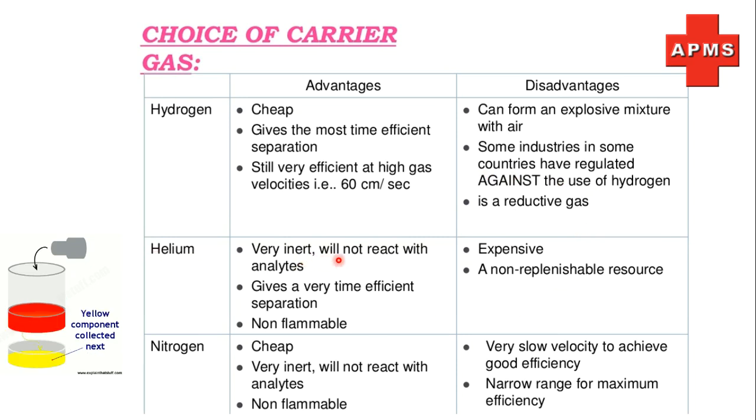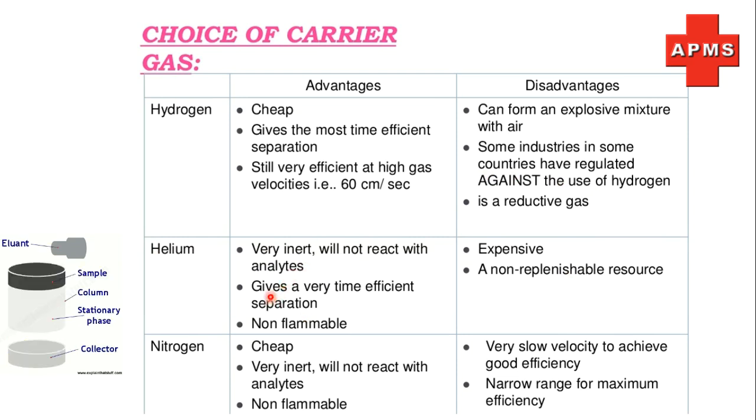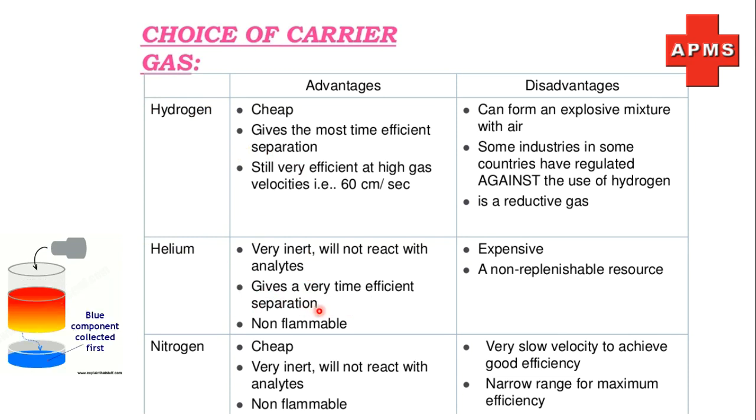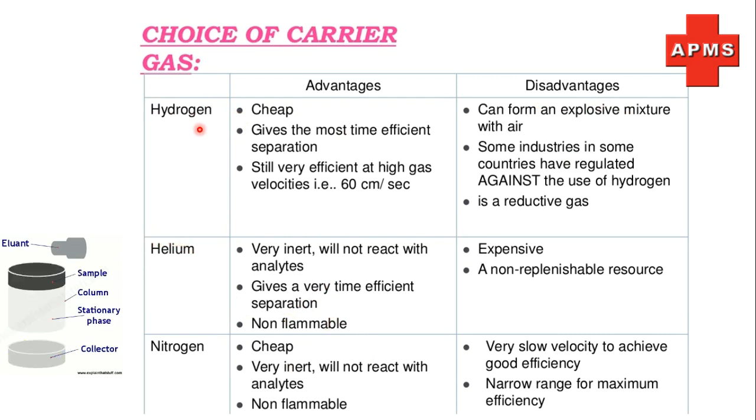Now helium, a very inert gas, does not react with the analyte. This is the advantage of this gas. It gives a very time efficient separation because its property is just like hydrogen, a very light gas and very thermally conductive. Also it is not flammable, whereas hydrogen is flammable, so it is more advanced than hydrogen.